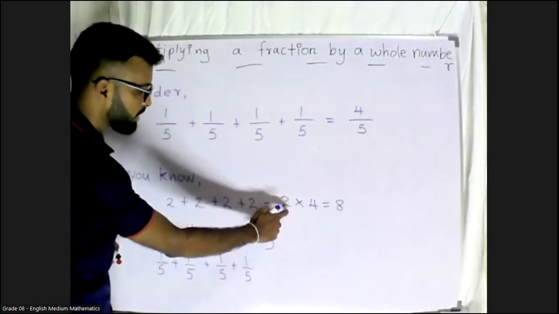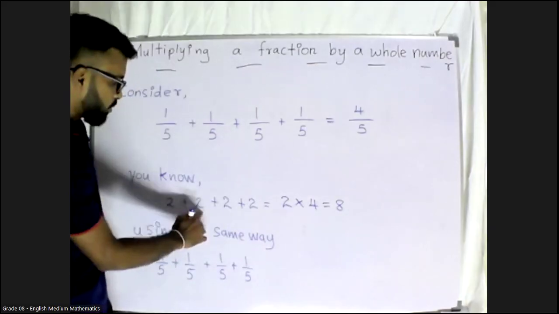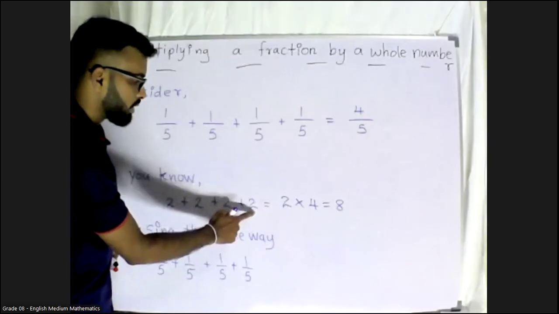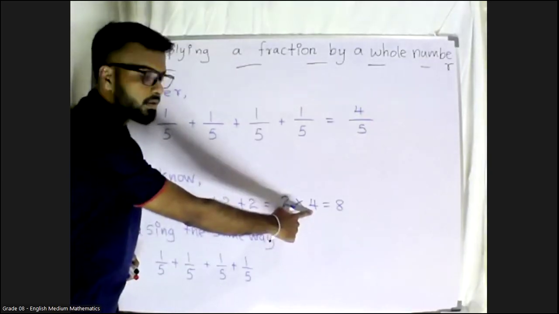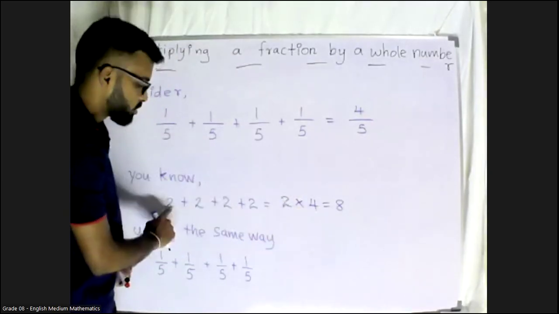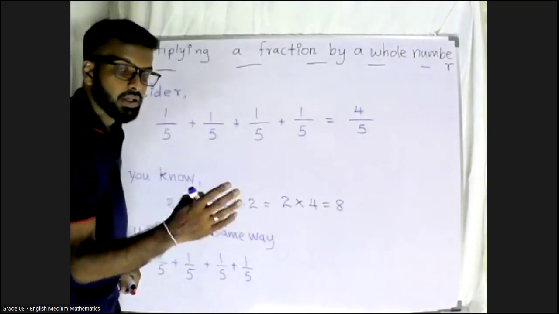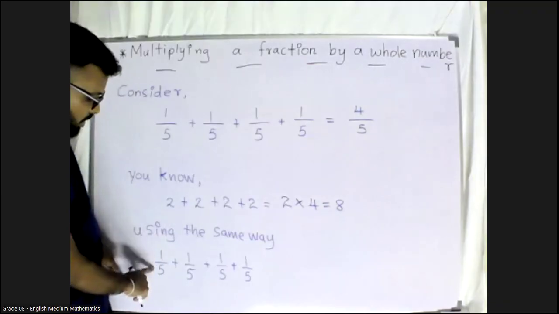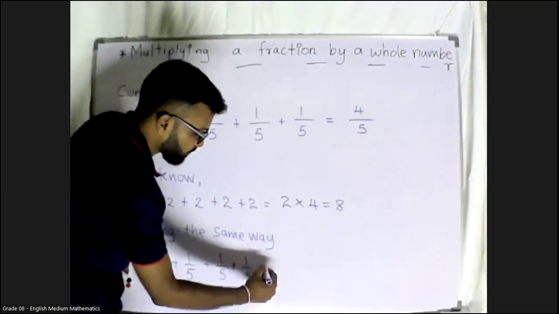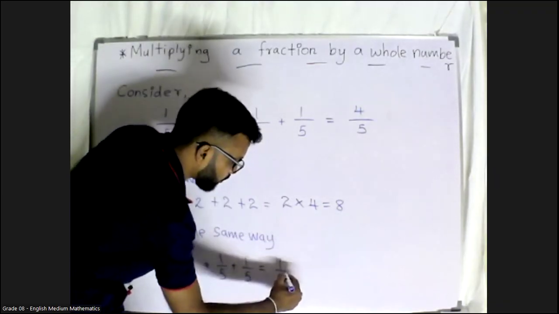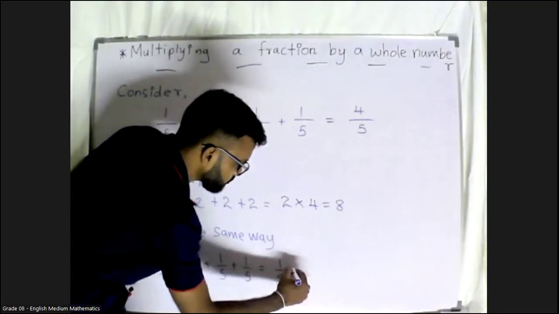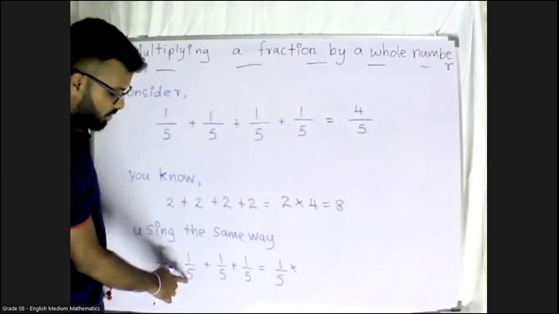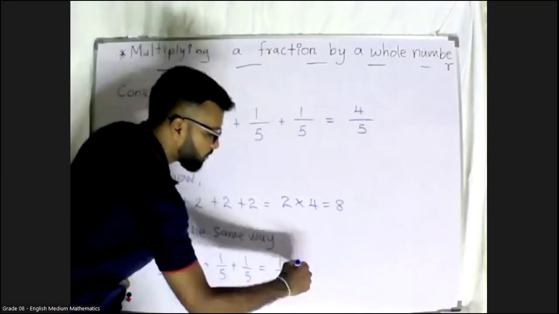Now follow this method. 2 plus 2 plus 2 plus 2. 2 is the number, and you have multiplied it by 4. Why? Because 2 has been repeated 1, 2, 3, 4 times. Now here you have the fraction 1/5 multiplied how many times? 1, 2, 3, 4. 4 times.